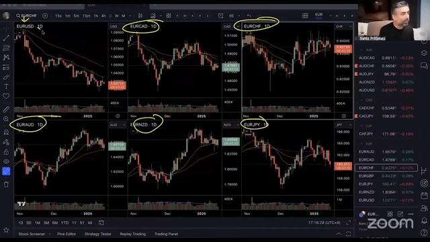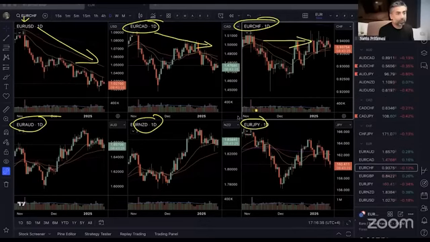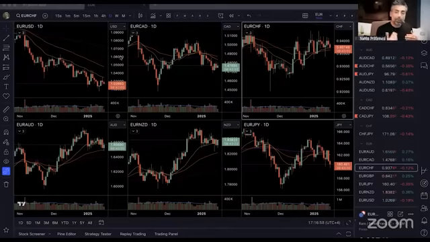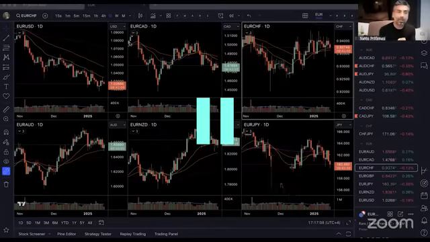Euros are going down in this one, down-ish in this one, not that much. Sideways in this one, upwards in this one, upwards in that one, sideways to downish in that one. I don't want a deal that doesn't have stability. What I'm trying to do here is I'm trying to notice what's the demand of the market.